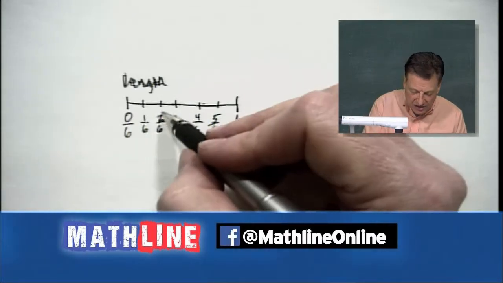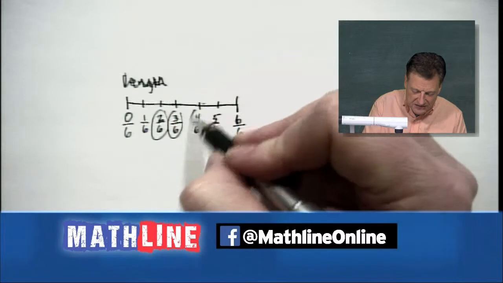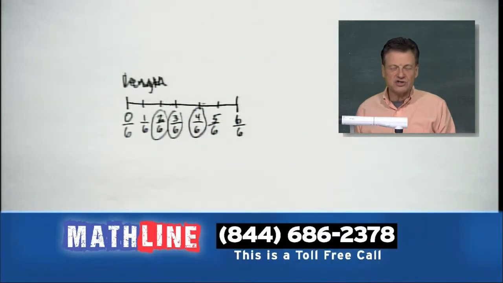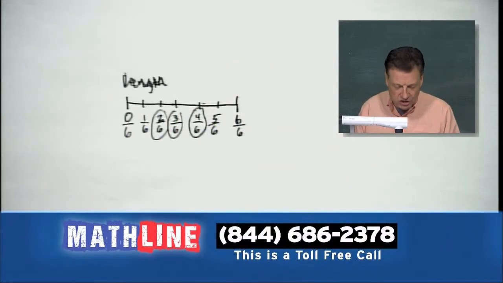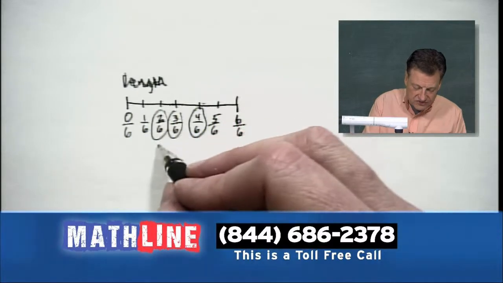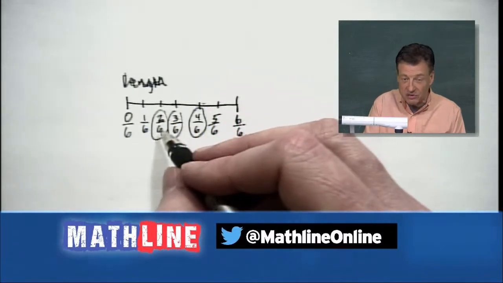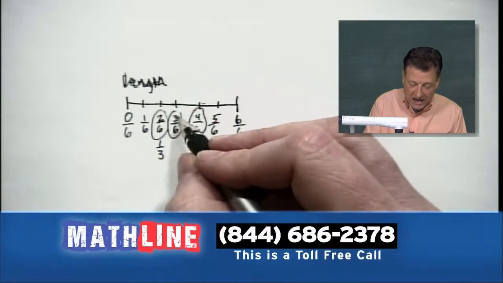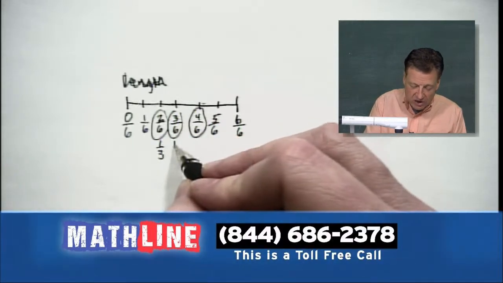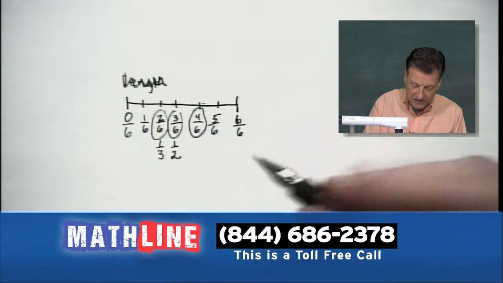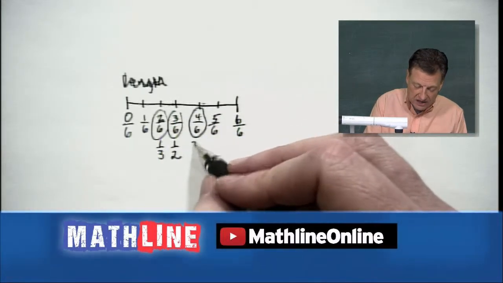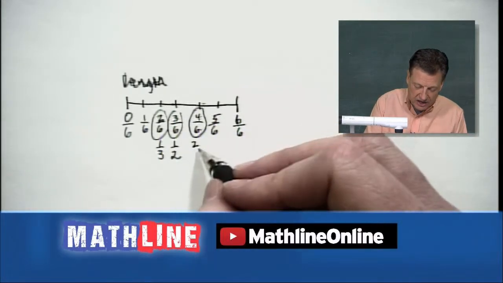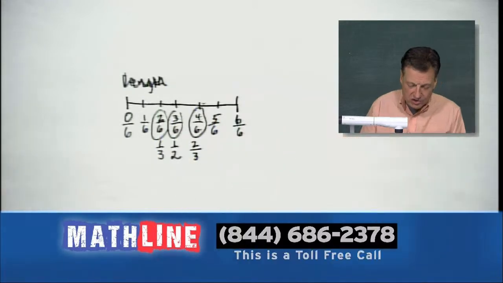But the thing is, I've got a couple of these that I can simplify. I can change them into what we call lower terms. So 2 over 6 will reduce, I can divide 2 into both of those, right? Which is going to give me 1/3. I can divide 3 into both of these, which gives me what? 1/2. And then I can divide by 2 here again, and that's going to give me 2/3.